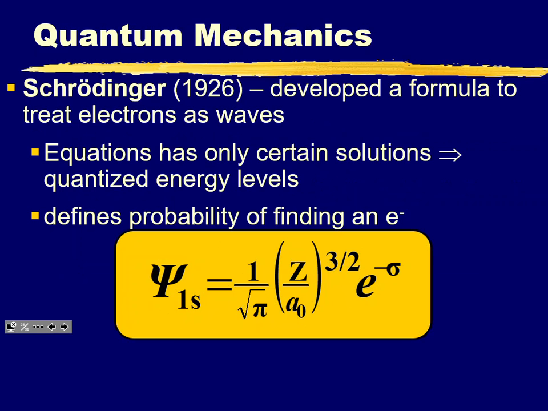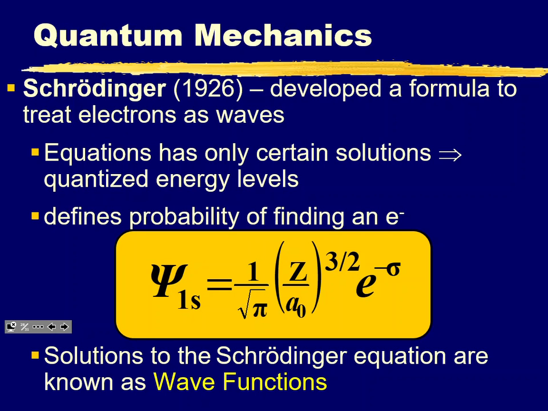These solutions, with some higher level math, you graph them, and then you get these three-dimensional areas on the graph. The solutions to Schrödinger's equation are known as wave functions. You guys have heard of functions from math.